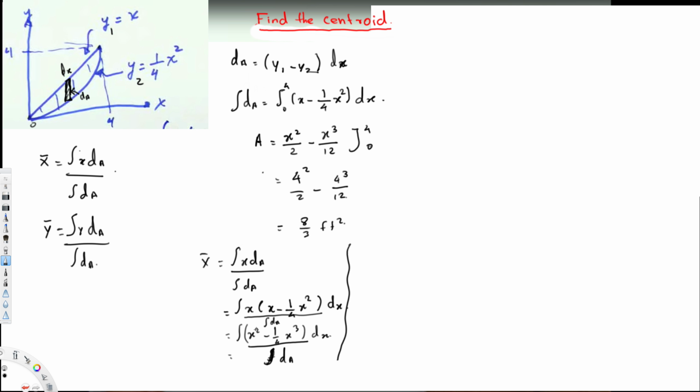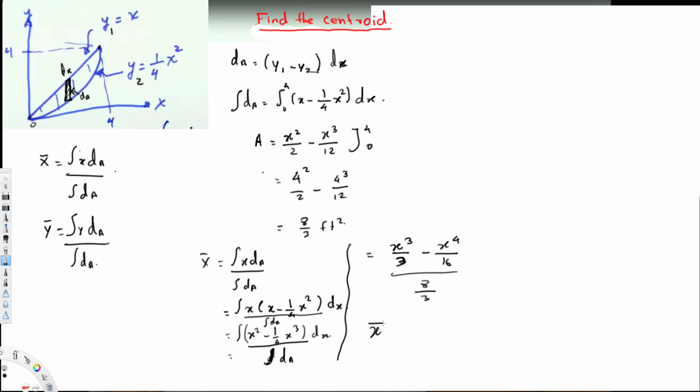Then I continue on this side. If I integrate this value right here, it comes out to be x cube over 3 minus x to the fourth over 16. In the bottom we found the area already, so we can directly put it right here, and that gives the x bar value.